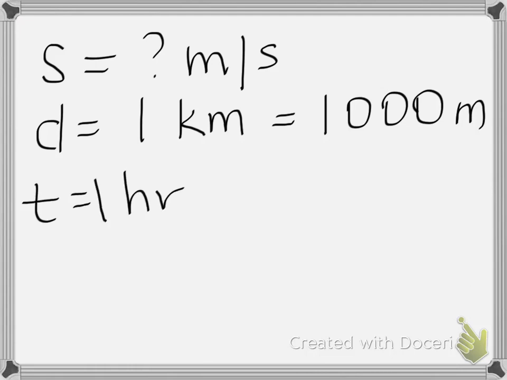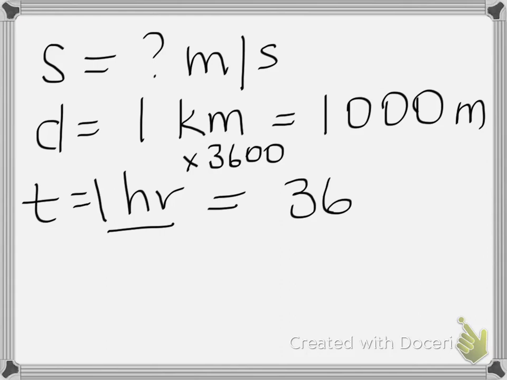So I travel 1 kilometer in 1 hour because I'm really slow. So I have to convert this hour to seconds. So I times that by 3,600 because there's 3,600 seconds in an hour. So then I have 3,600 seconds.